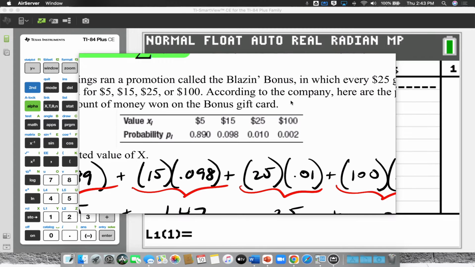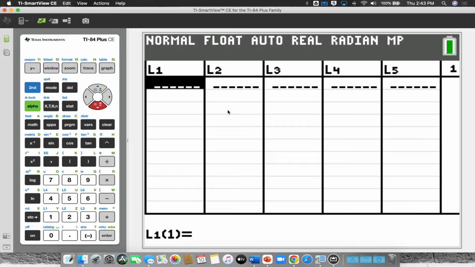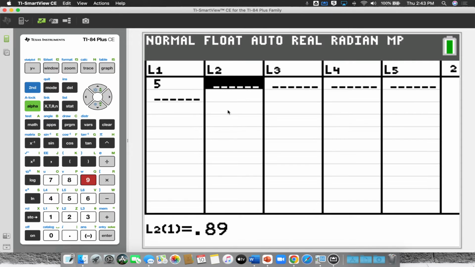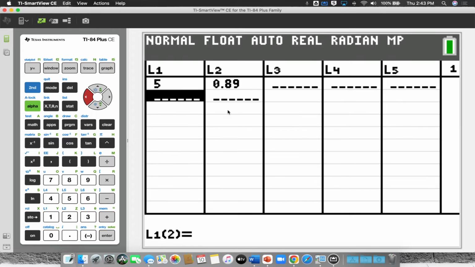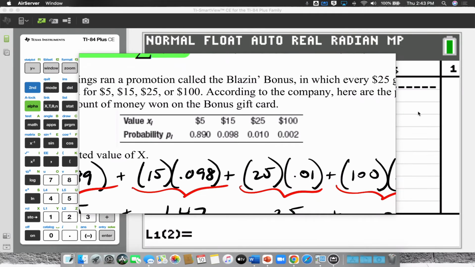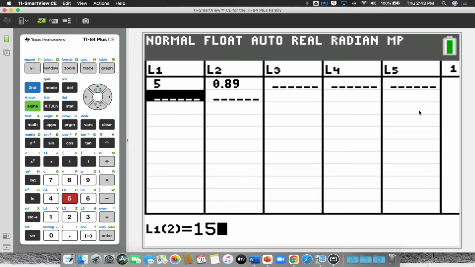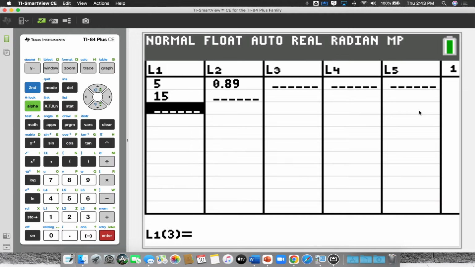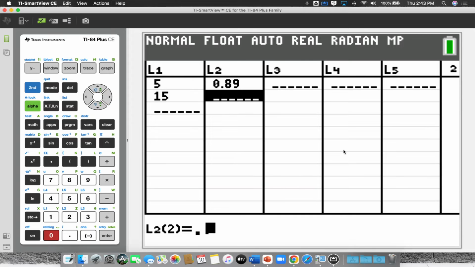So the first one is 5, and its probability is 0.890. The next one is 15, with 0.098.